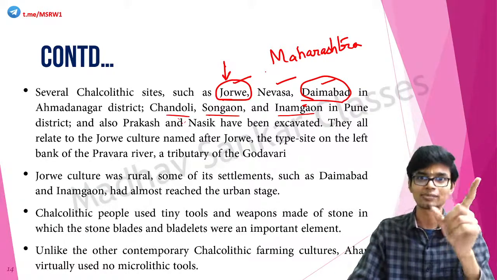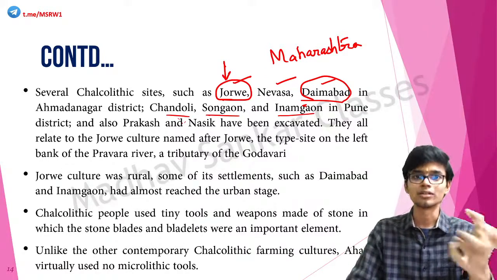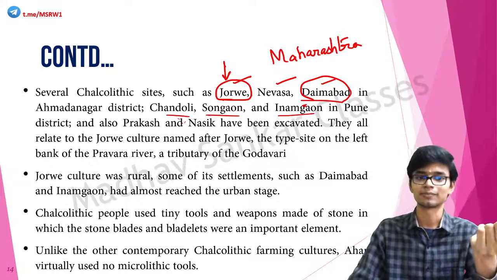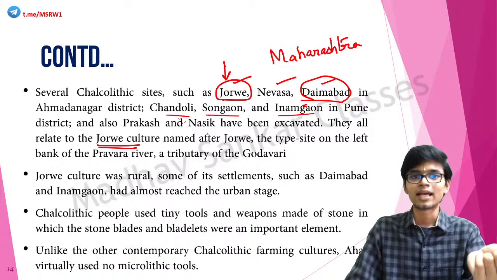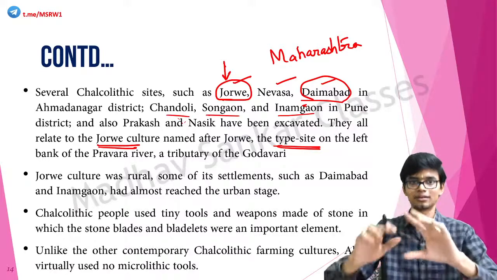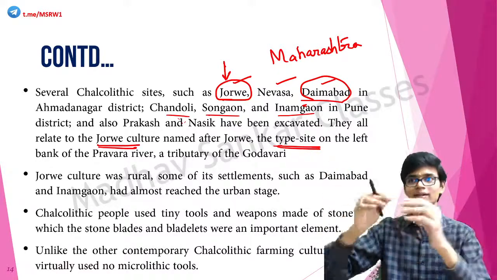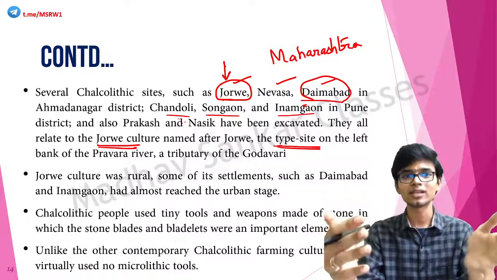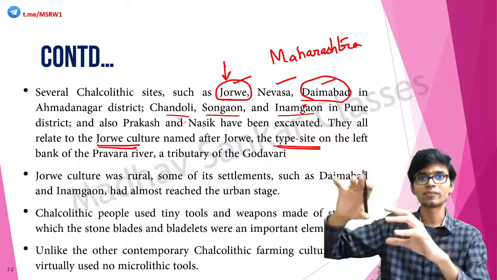Due to this reason, this entire culture came to be known as the Jorwe culture. This is what type site means. Type site means the primary site based on which other sites are compared. Harappa is the type site for the Indus Valley civilization. Similarly, Jorwe is the type site for the Jorwe culture, the first site excavated, and historians make this the standard.